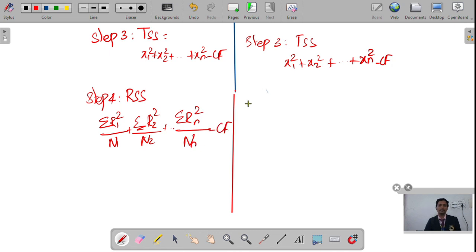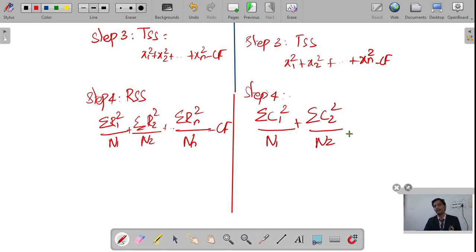In the same way, summation c1 square by n1 plus summation c2 square by n2, up to the number of columns, minus CF. So this is our CSS value. CSS and RSS are these things.